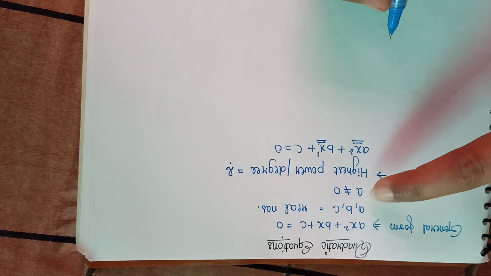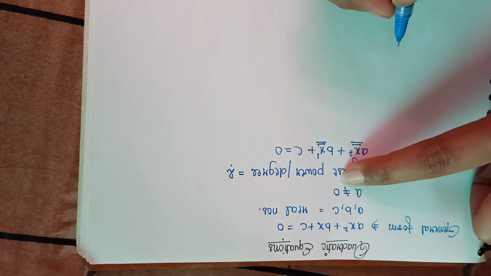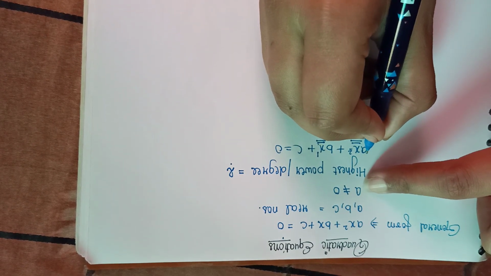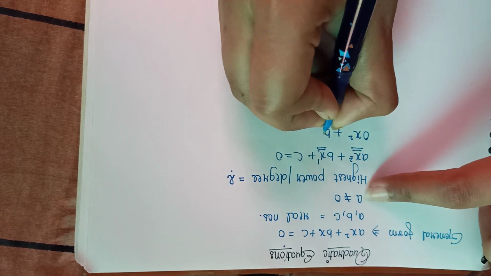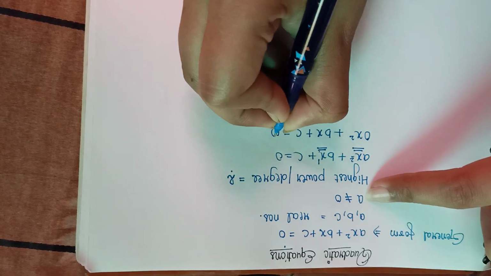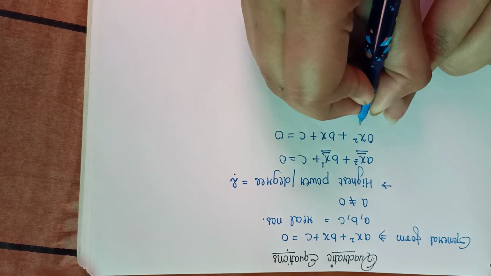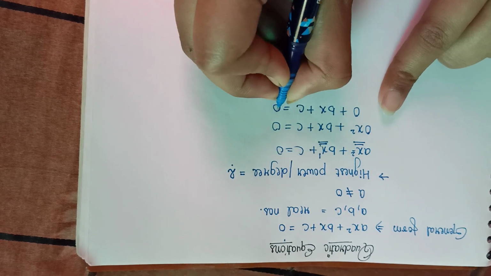I have added one more point, that a should not be equal to 0, which means that whenever a is equal to 0, then what will happen? Then we will get this equation: 0x square makes 0, so we will get bx plus c equals to 0.